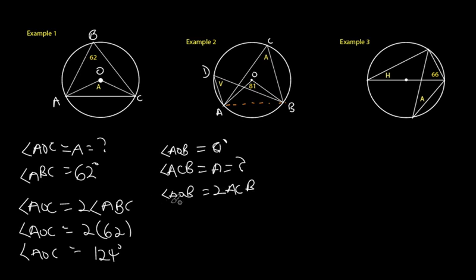Now we know angle AOB to be 81 degrees, which is equal to twice angle ACB.